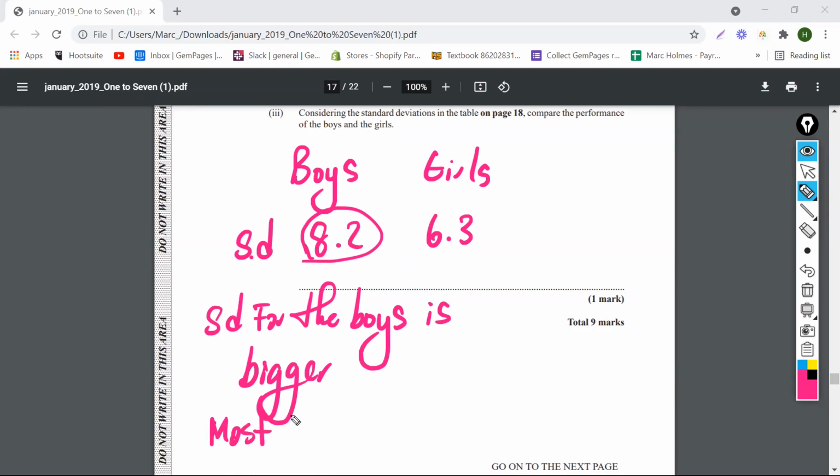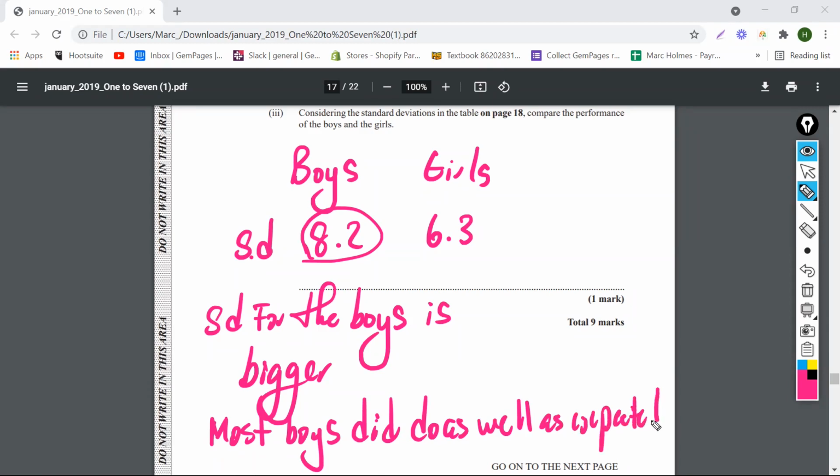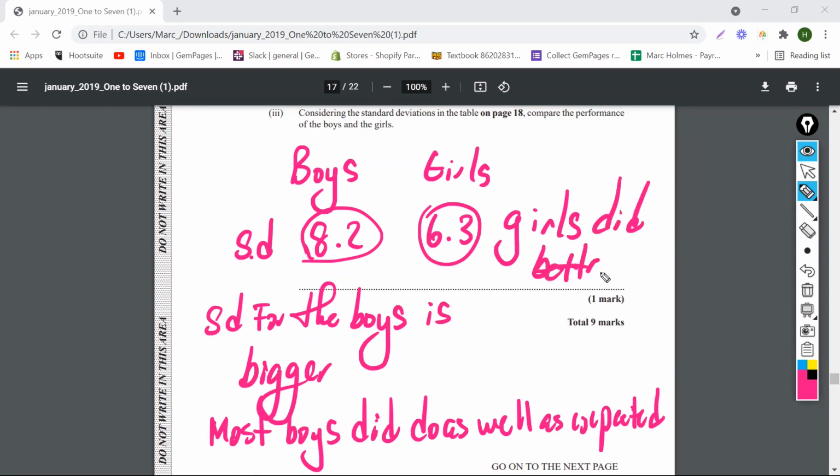It's just that simple. Most boys did not do as well as expected. And then same thing with the girls. The girls' is lower, so the girls did better than the boys because the standard deviation is lower, meaning that the girls were closer to what was expected for them.